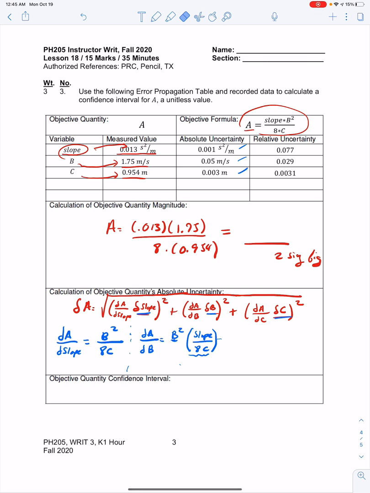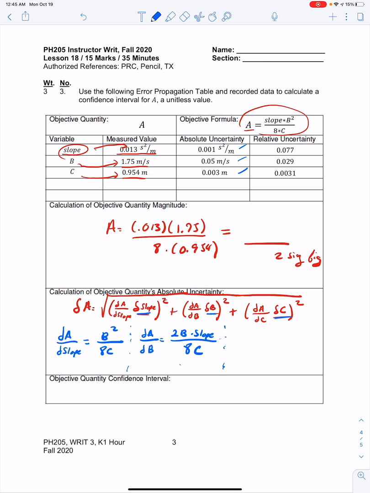So b squared minus 1, you bring the 2 down, and you're left with 2b times the slope over 8c. Done.